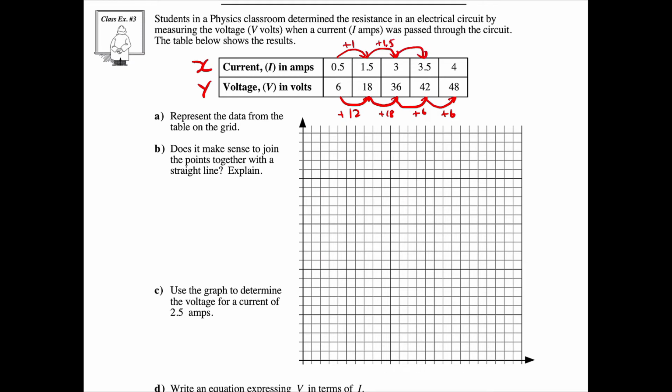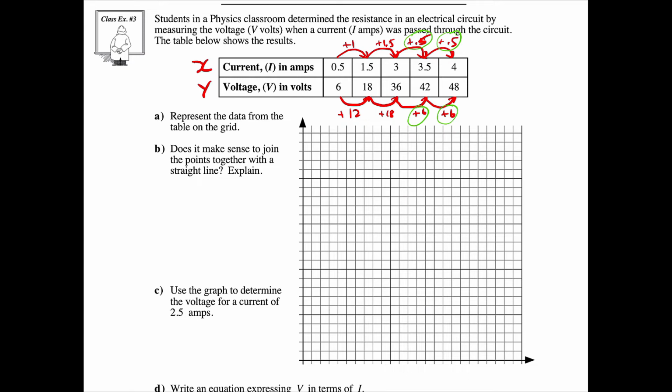This one went up by a positive 0.5, and this one also went up by a positive 0.5. So that makes sense. When the amps go up 0.5, the voltage is up by 6. Same here and here. These two just made some uneven jumps, but that's still fine. That's where they took the data readings.